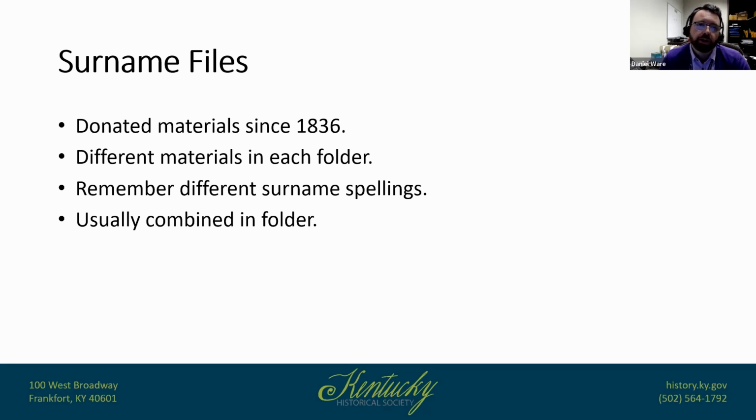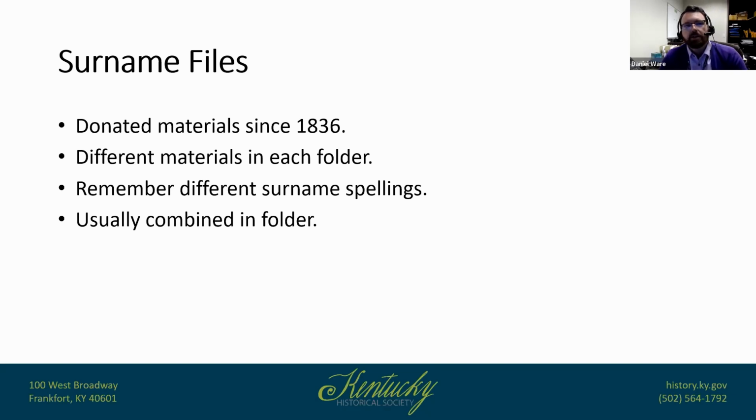They can hold things such as birth dates and marriage dates. It can be a family history and tell you where a particular family member may have moved to. It could be certain censuses and things like that. Now, there are different materials in each folder, so it's kind of hit or miss depending on what folder you pick.